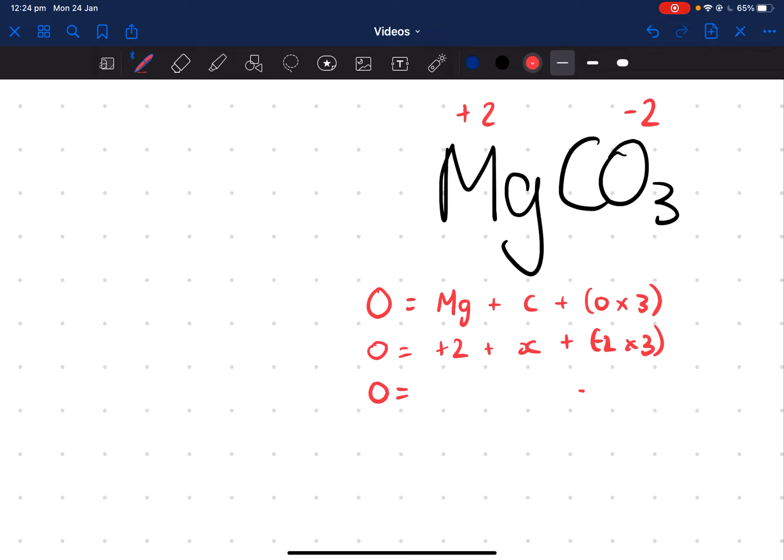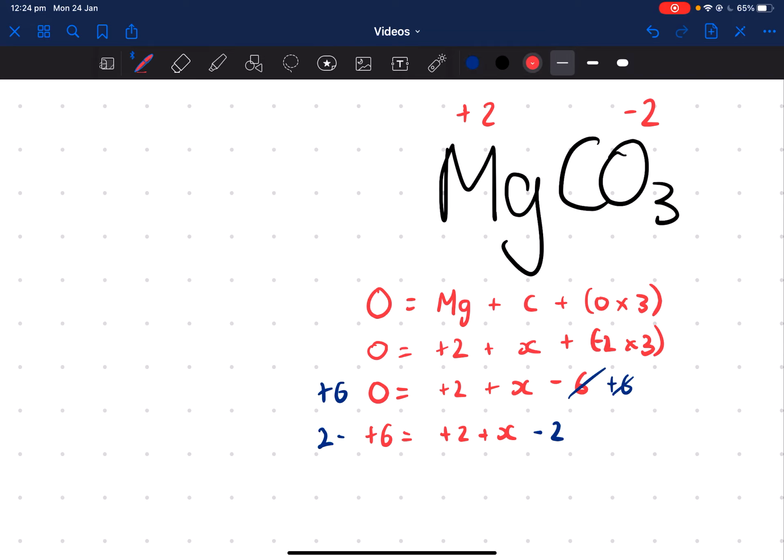So 0 equals positive 2 plus x minus 6. So add 6 to both sides. That means we've now got positive 6 equals positive 2 plus x. Get rid of the positive 2 by minusing 2 from both sides.